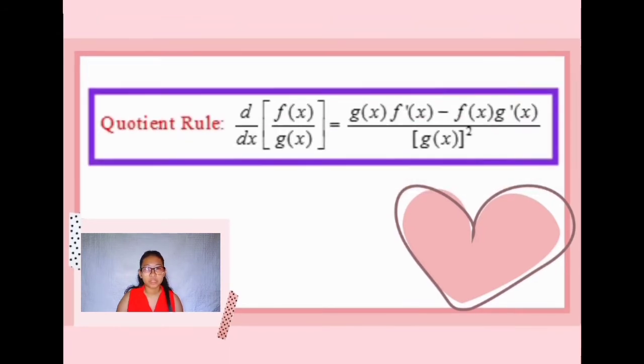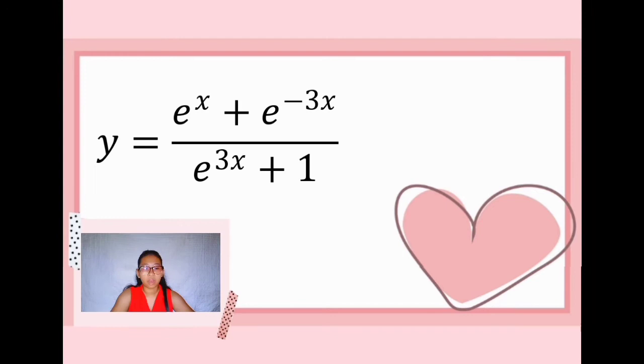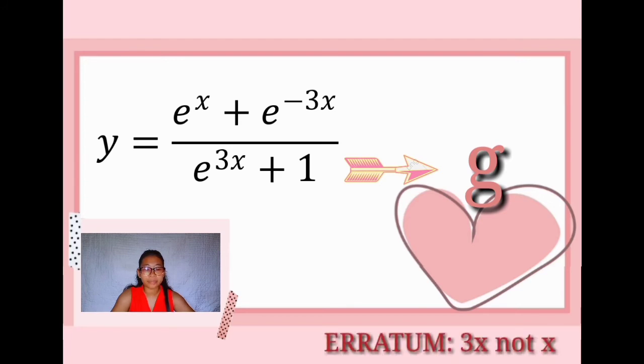We will apply first the quotient rule. So our f will be the numerator, the e raised to the power of x plus e raised to the power of negative 3x, and our g will be the denominator, e raised to the power of 3x plus 1.